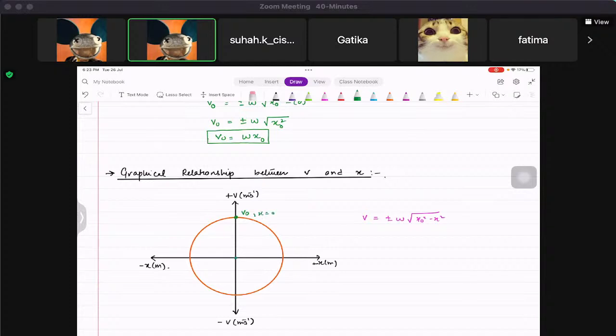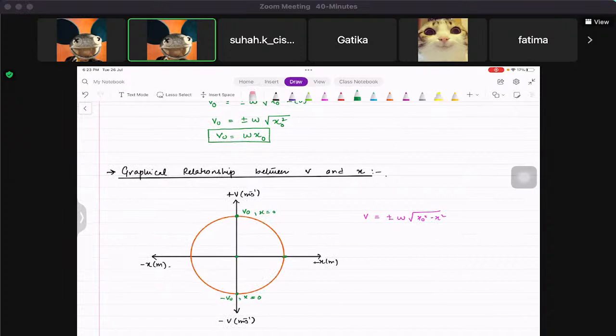When it is minus v naught, again x is 0. Where you see x naught, v is 0, and when it is minus x naught, v is 0. Is it clear, everybody?